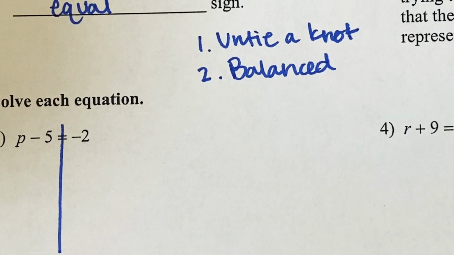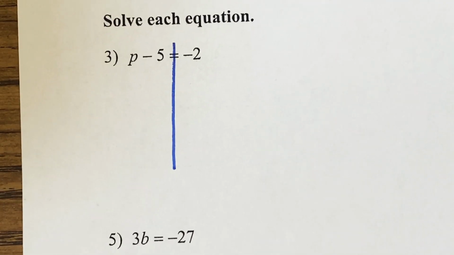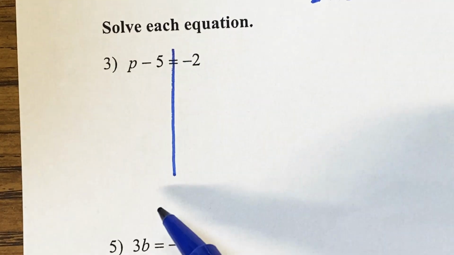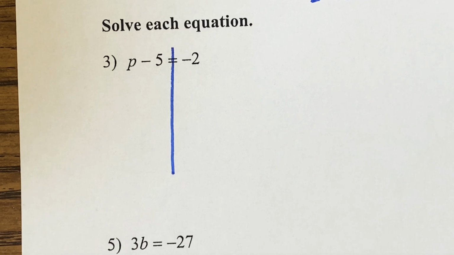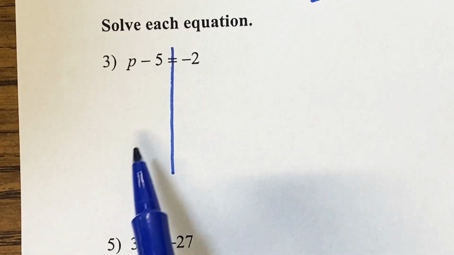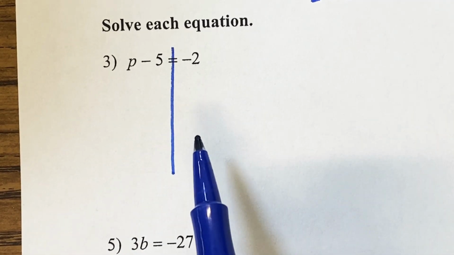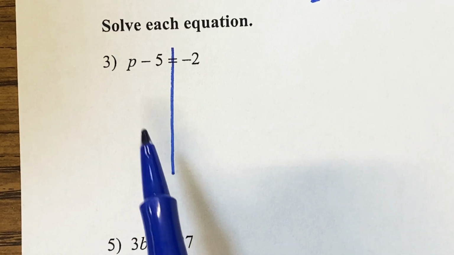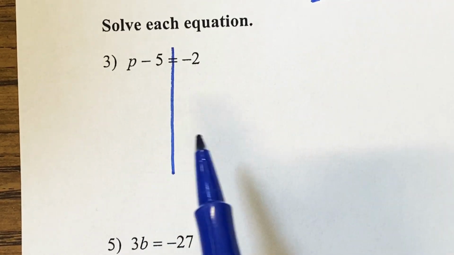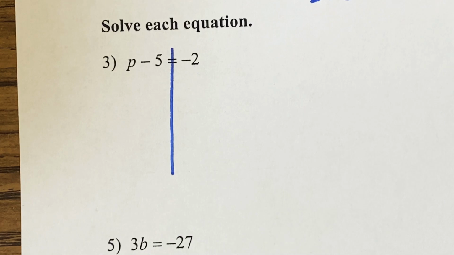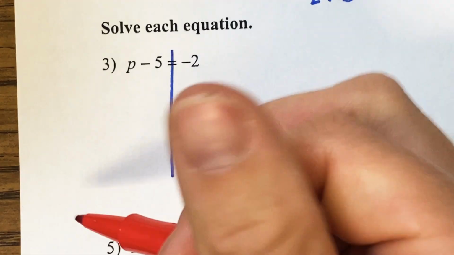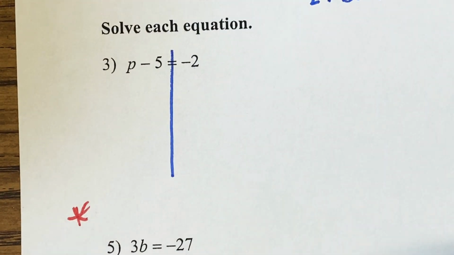Let me explain what that actually looks like. The reason I draw this line down the middle is to know that here's one side and here's the other side. In order to keep it balanced, whatever we do to one side, we must do to the other. In fact, I'm going to write that on the notes. That's always a rule.